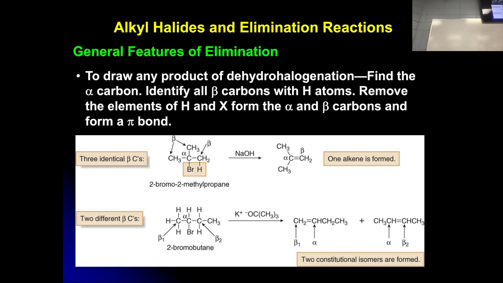So if I draw that out, 1, 2, 3, 4, that's that one. And if I draw this one out, right? This is a terminal alkene. This alkene only has 1 R group attached to it. How many R groups does this alkene have attached to it? It has 2. So the more substituted your alkene, the more stable it is.